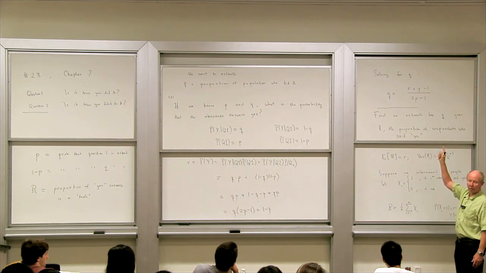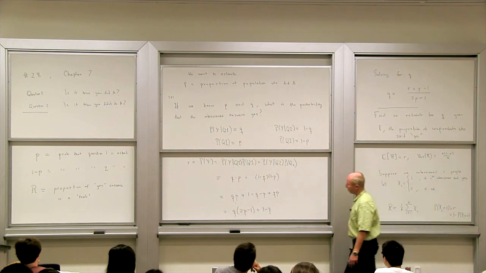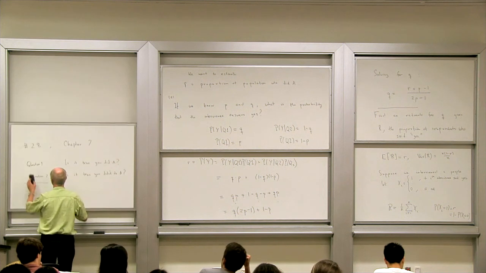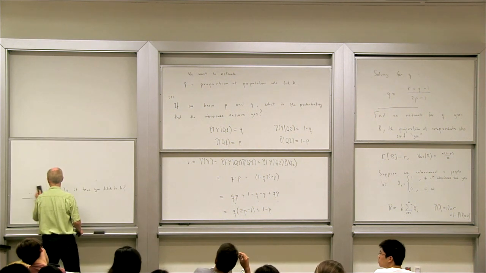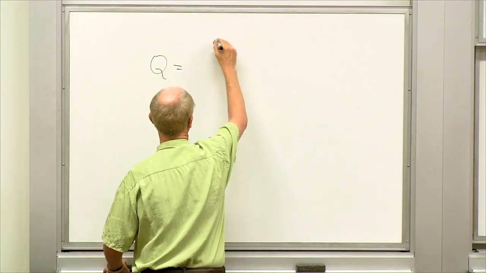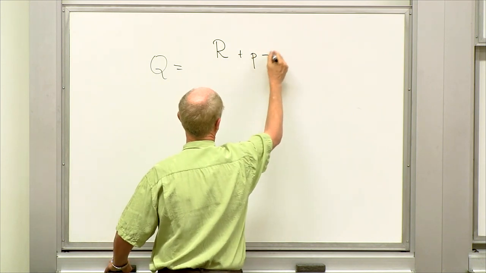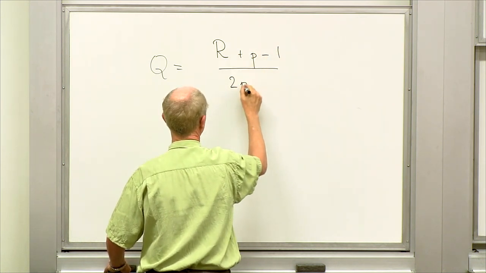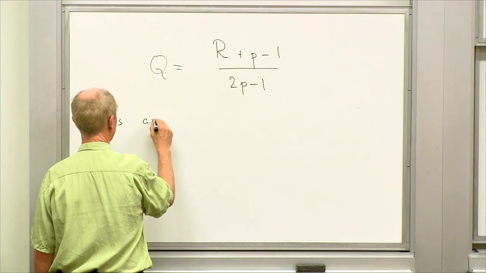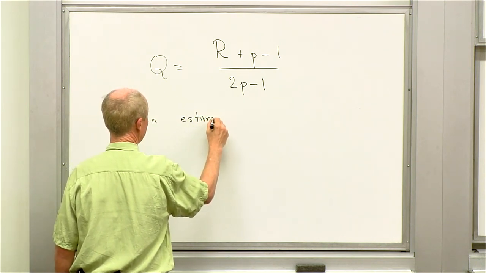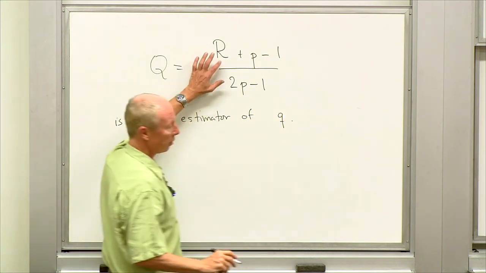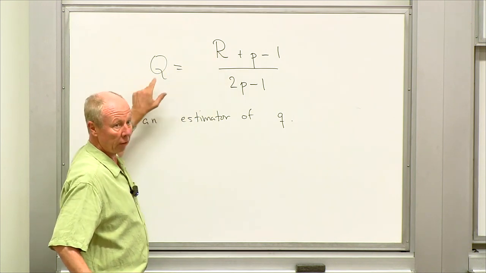Capital R. So if we define capital Q to be capital R plus p minus 1, over 2p minus 1, this should be an estimator of little q, because this is an estimator of little r, and when you have little r in here, you get little q there.